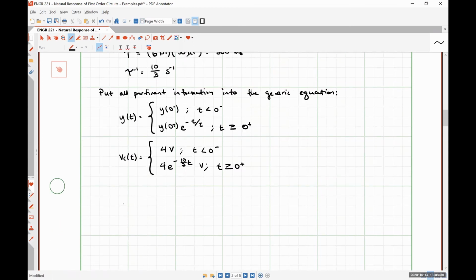For our resistor current, we can do the exact same thing. So what was our resistor current at t equal to 0 minus? It was negative 1 milliamp for t less than 0 minus, and it was half of a milliamp for t equal to 0 plus, if I'm not mistaken.